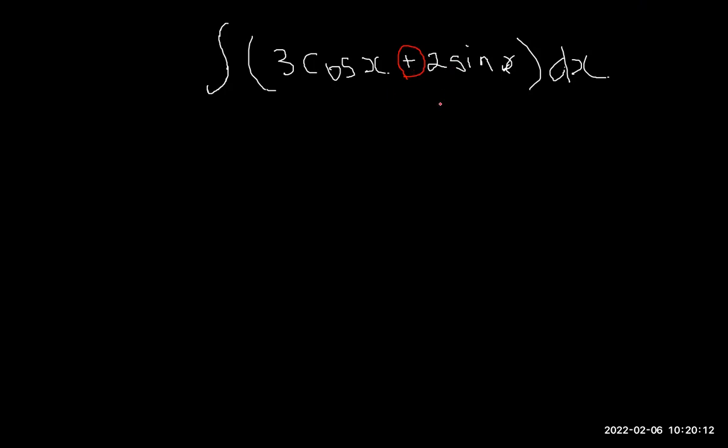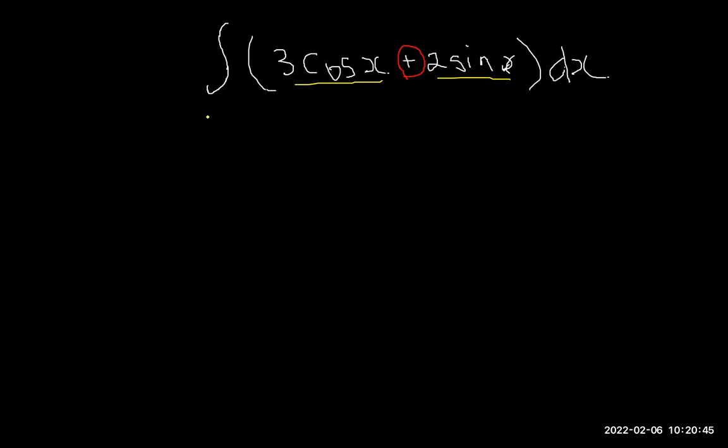We know a rule that we can use when we have sums and differences. What that rule basically states is that if I see an addition sign or subtraction sign, all I have to do is integrate each term. In this case, 3 cos x is my first term, 2 sin x is my second term. So according to that rule, all I'm doing is integrating each term.